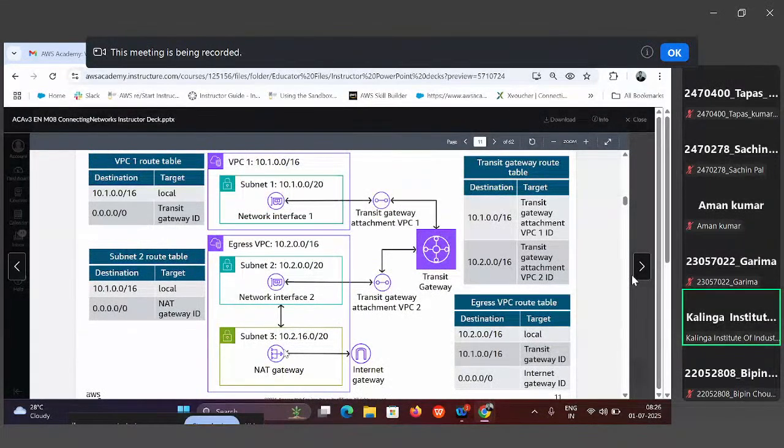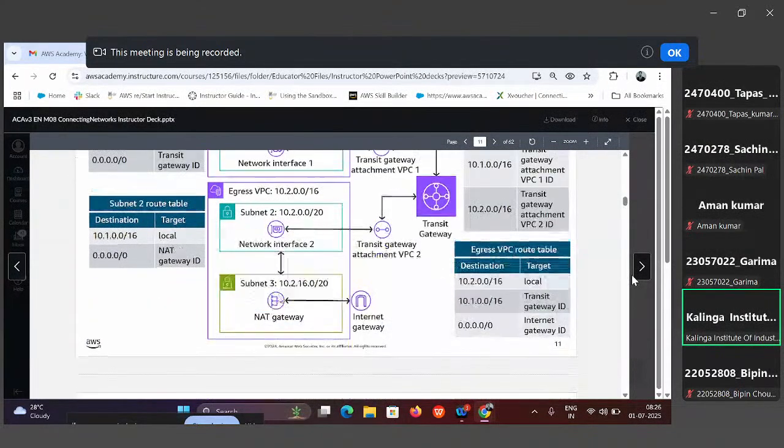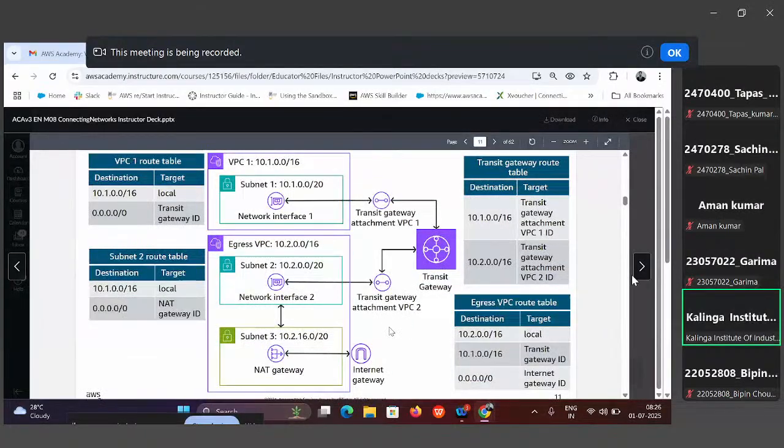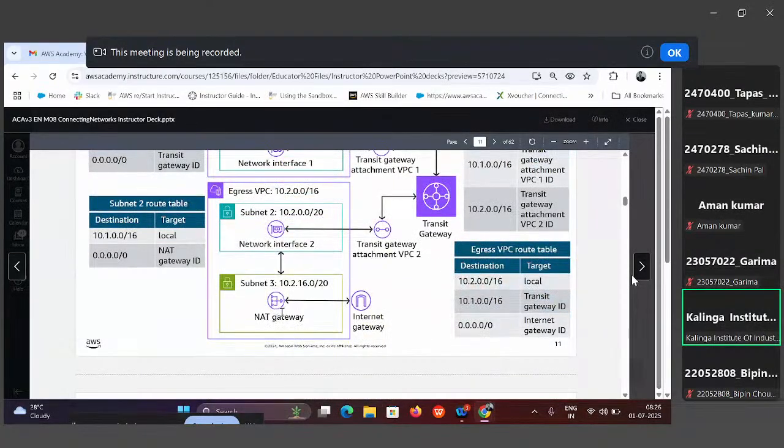So if you have multiple subnets, one, two, three, under different VPCs, this is the egress VPC, and this is VPC one. Similarly, we have to use a transit gateway because we are connecting different VPCs. It will be attached to VPC one and VPC two, and suppose you are connecting some private IPs under this particular VPC.